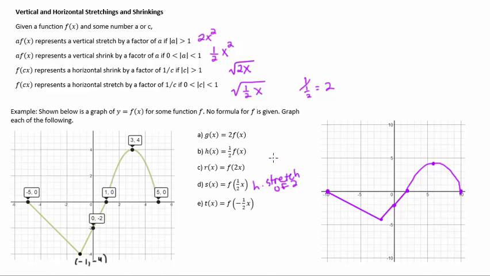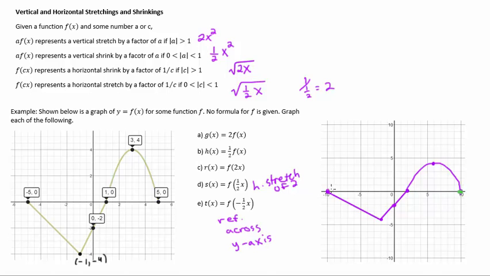E is almost the exact same as D, but we have the negative thrown in here. Remember that with reflections, if we're making x negative on the inside, that's a reflection across the y-axis, because it's the opposite of what you would think. So I'm going to take this graph from D, where I've already stretched it by 2, and reflect it.